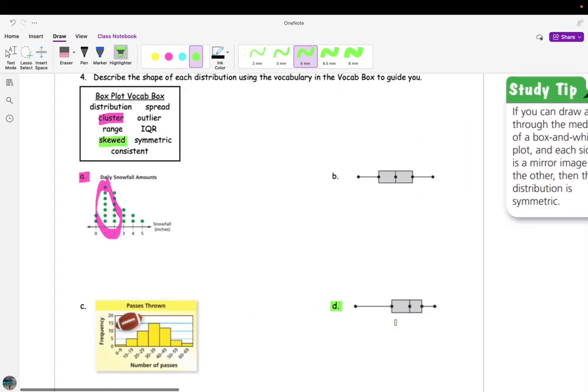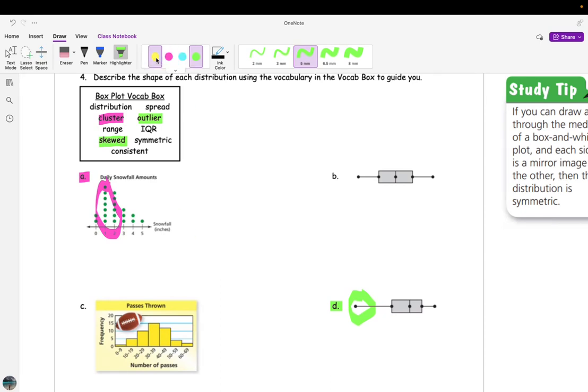So I would definitely use the word skewed here, point out that it's skewed to the left. I might say that potentially there could be an outlier there. I don't have enough information to be able to tell, but it looks like there might be.